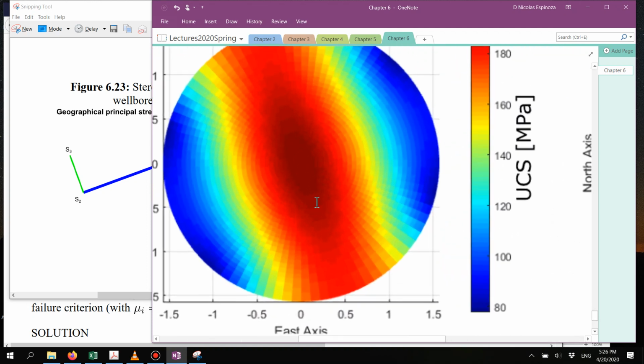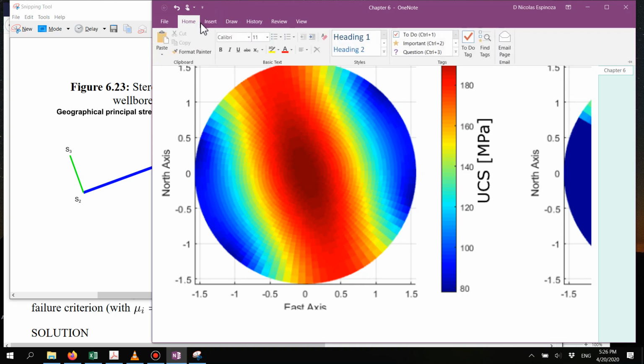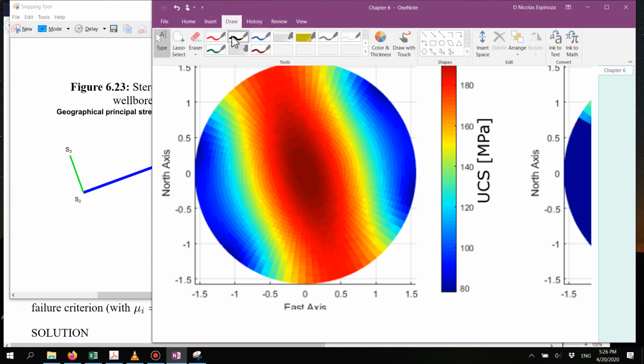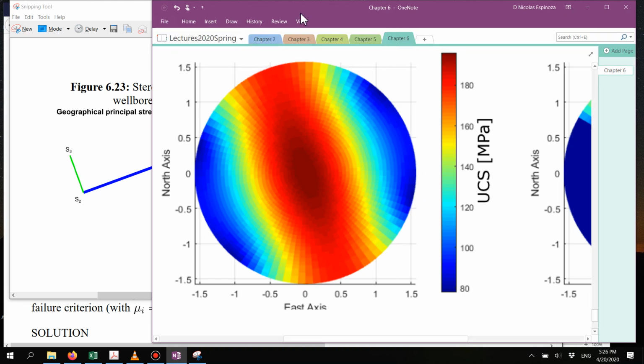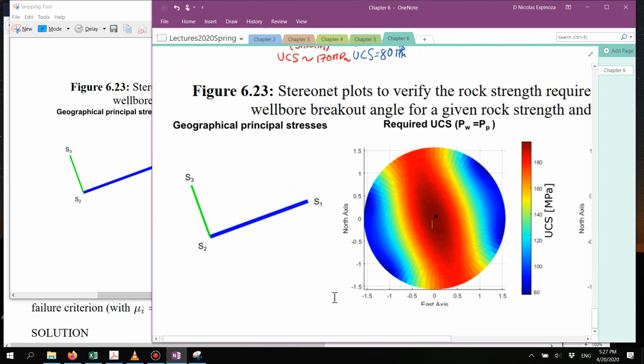And let's say that I have, for example, a wellbore that starts vertical over here and goes into the direction of minimum principal stress for fracturing. So in this case, the minimum principal stress would be this one.